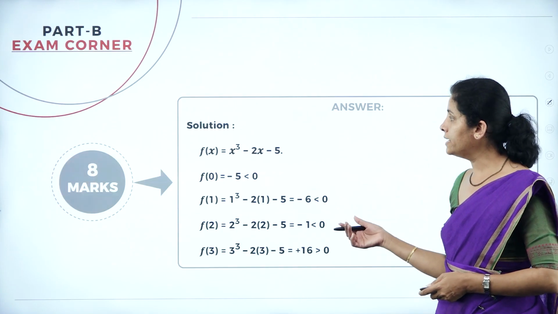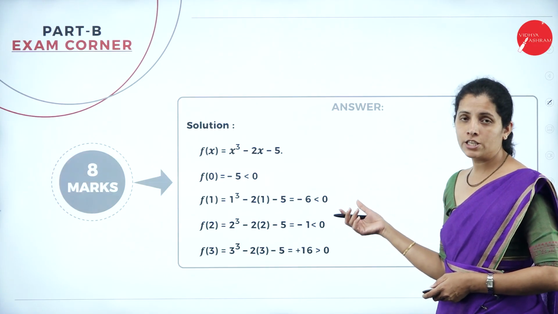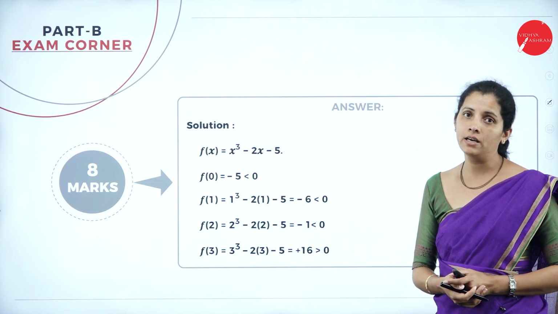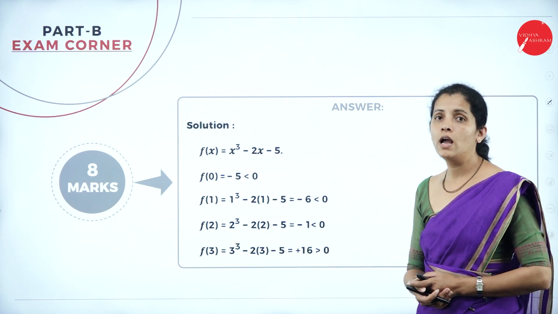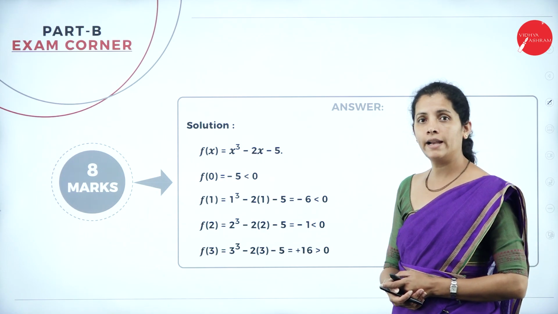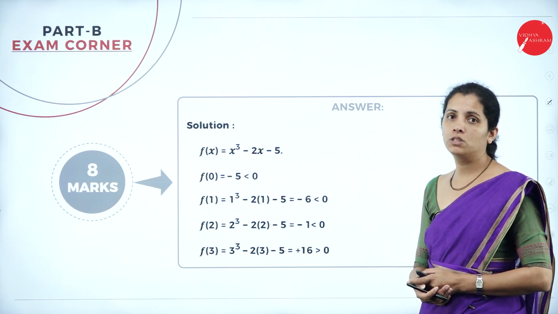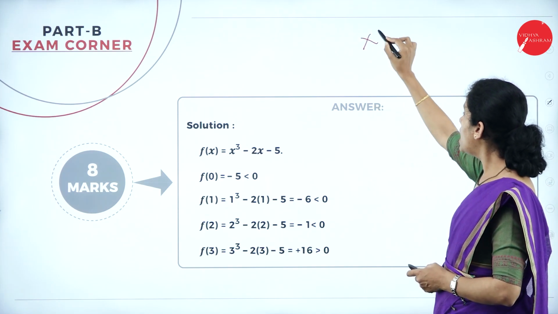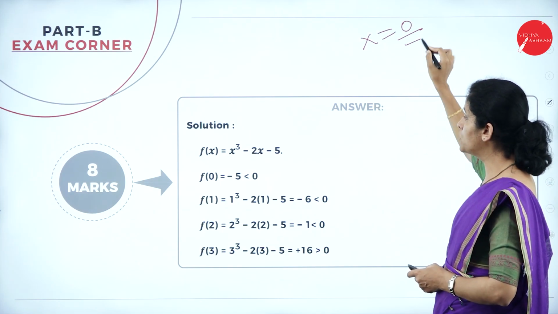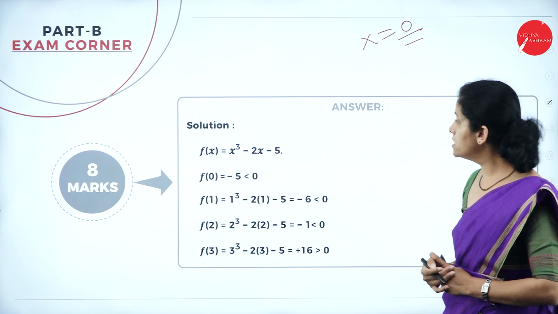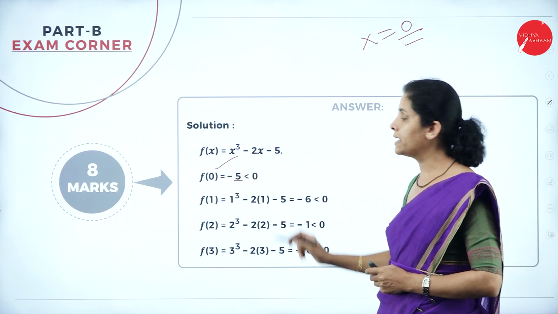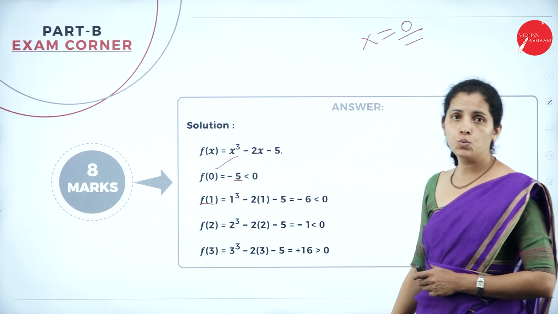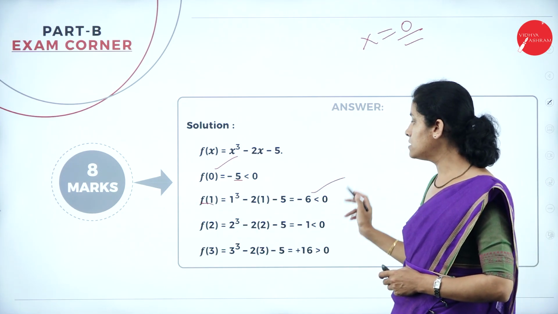So dear student, in bisection method, if the roots are not given, then what do I want to do? I want to use the trial and error method and start substituting values. For example, start with x = 0. When x is 0, I am getting −5. When x is 1, I am getting −6.